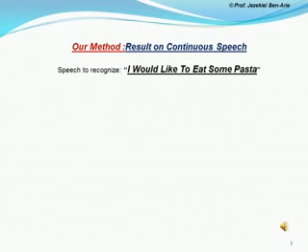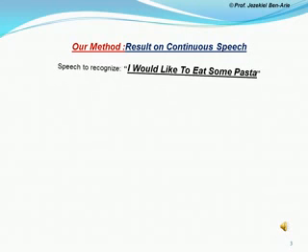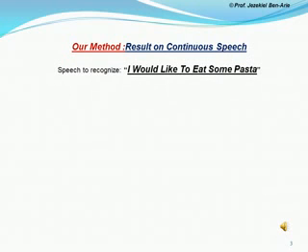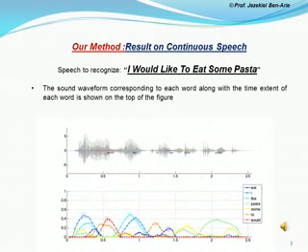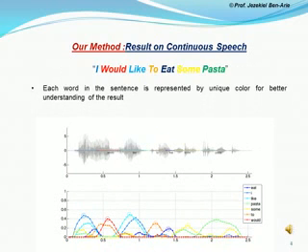In this example, we try to recognize the sentence, "I would like to eat some pasta." The sound waveform corresponding to each word, along with the time extent of each word, is shown on the top of the figure. Each word in the sentence is represented by a unique color for better understanding of the result.